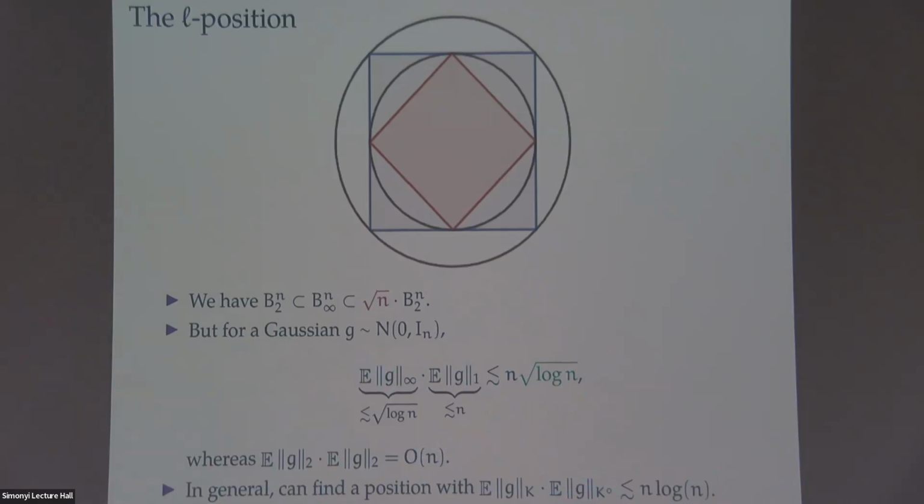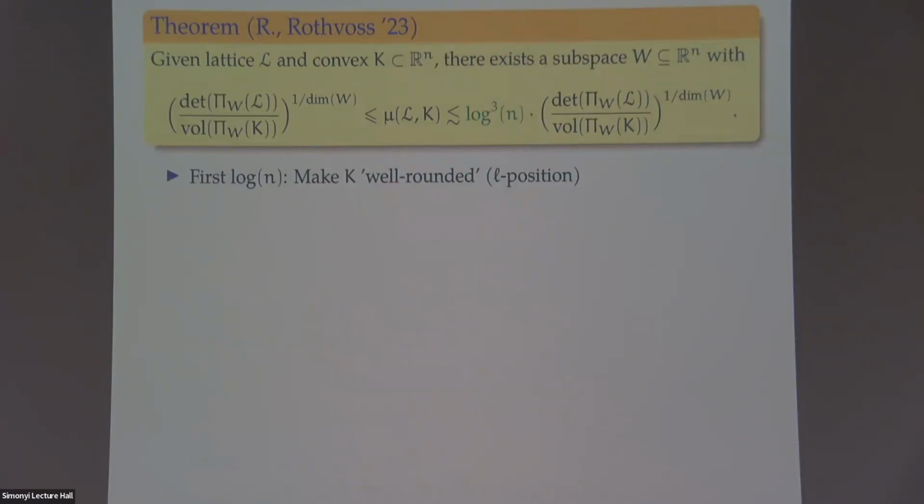Okay, so I'll give one slide, giving a very high level idea of how we use this in the proof. So we have three logs here. I'll briefly give one sentence about what each log means. The first log, I just make the convex body well-rounded by the previous slide. There's another log coming from this reverse Minkowski theorem, which I'm not explaining to you, related to lattices.